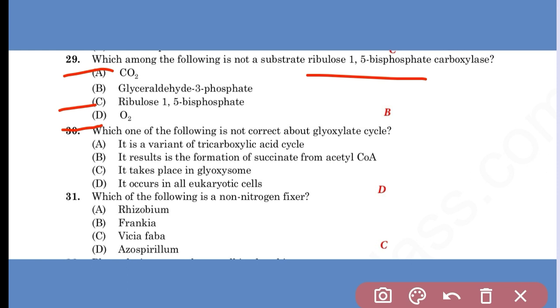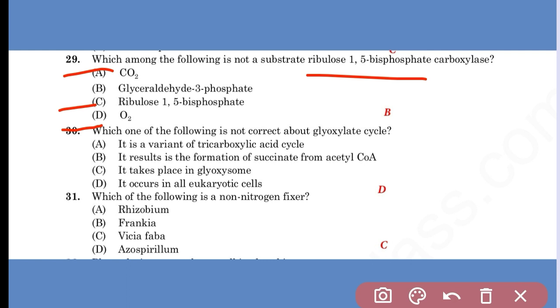When the Rubisco molecule has the substrates ribulose 1,5 bisphosphate and CO2, the enzyme carries out photosynthesis and forms 2 molecules of 3 phosphoglycerate, and this 3 phosphoglycerate goes through a reverse of the EMP pathway and forms a glucose molecule.